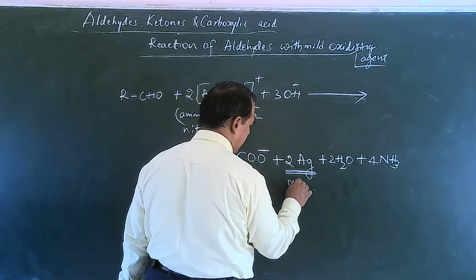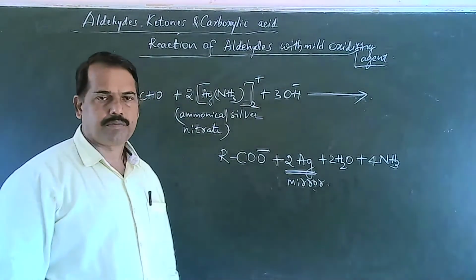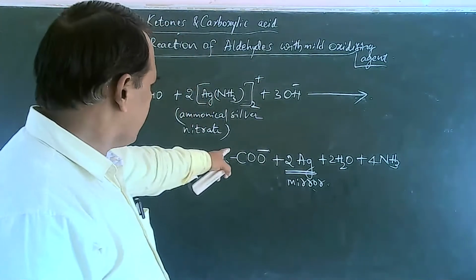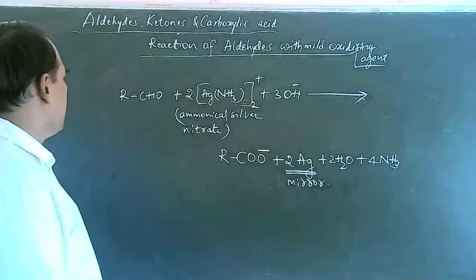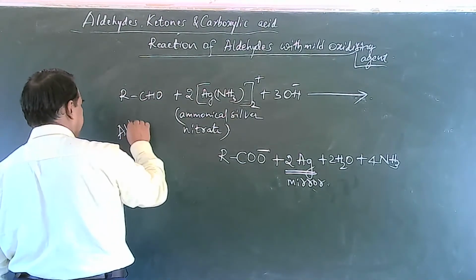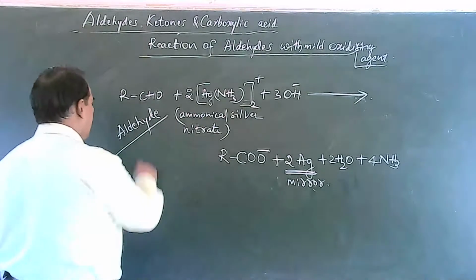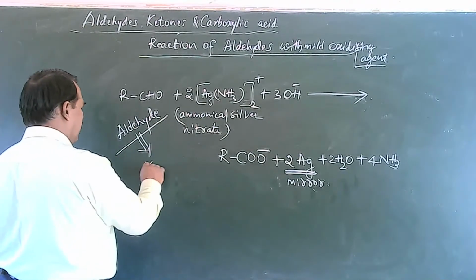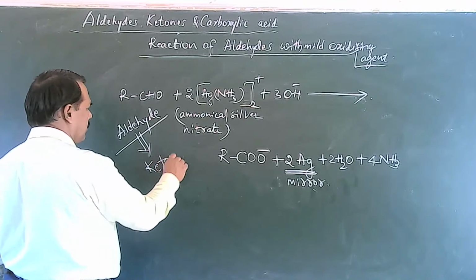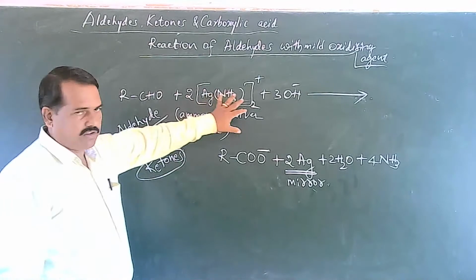And this is nothing but a mirror. Are you clear? This test is answered by aldehyde only. So this test is used to differentiate between aldehyde and ketone. Ketones do not answer this.